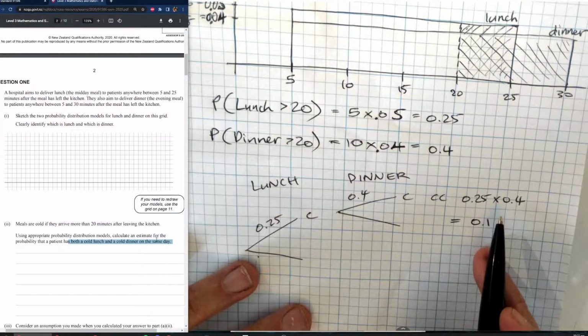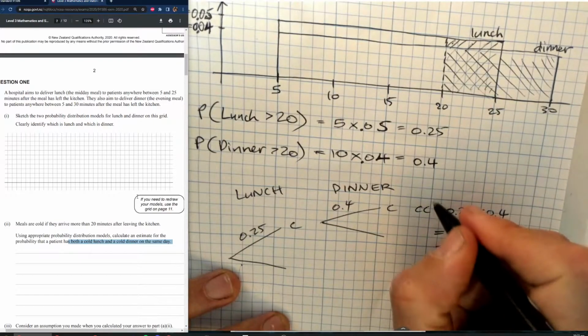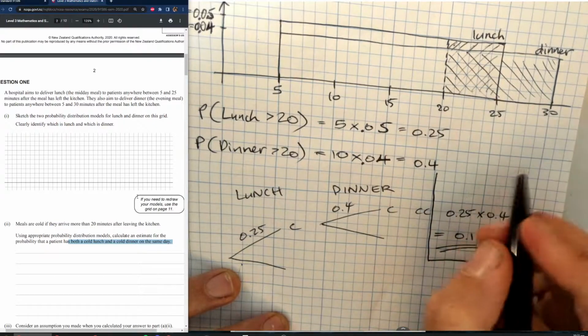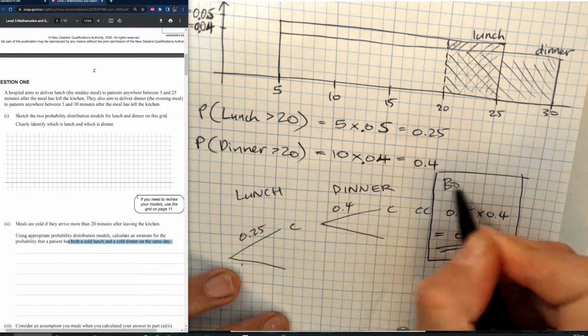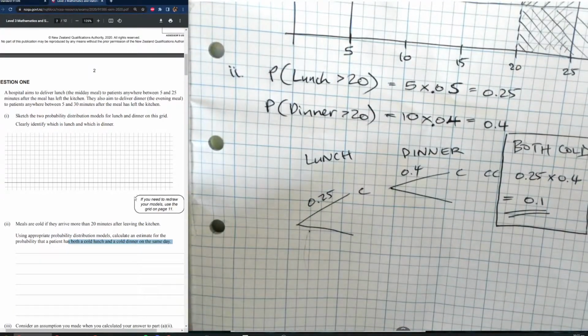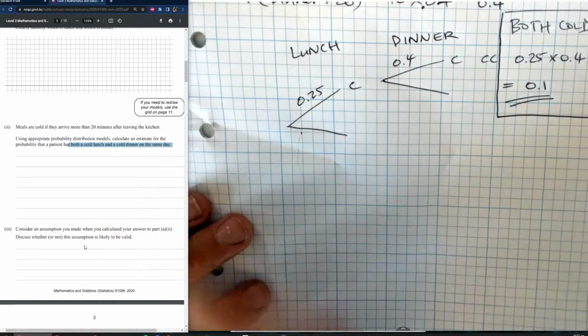I think that's it. Maybe it's worth sometimes making it clear to the marker what you're actually doing. Both cold. Cool. Let's move on.